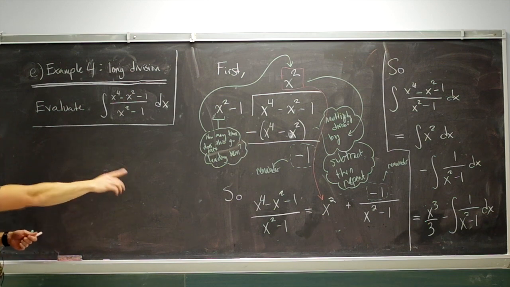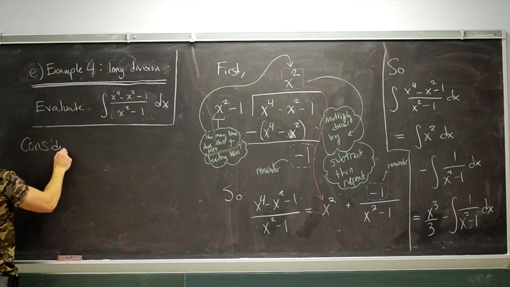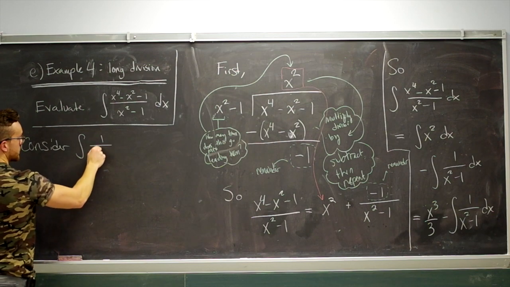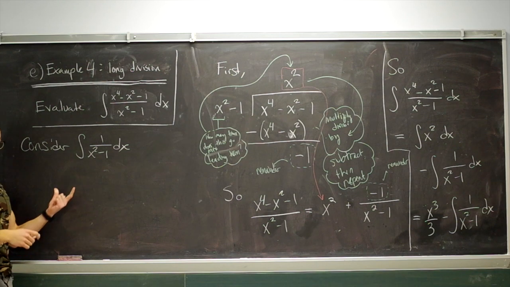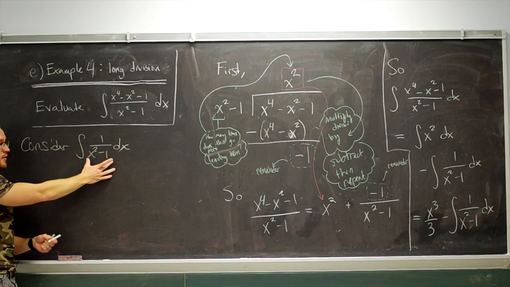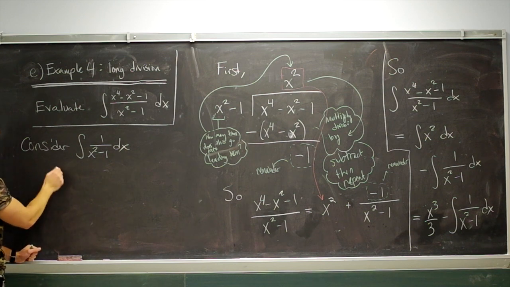All right, so over here, I'll just consider the latter integral. This will be a breeze now. This will be similar to the very first example I did. I look at this and I recognize the denominator I can factor.